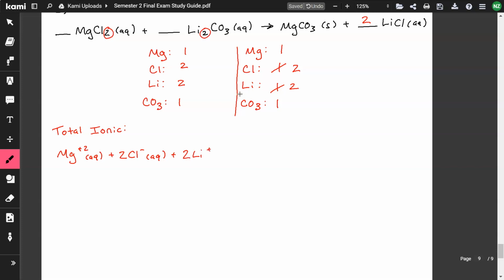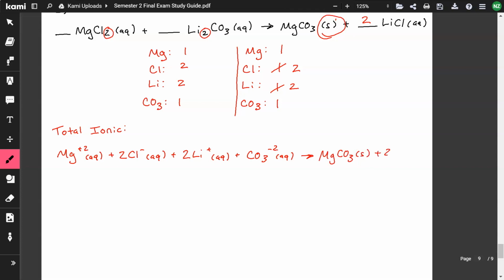Lithium is plus 1. And then CO3, that's a minus 2 aqueous. Not going to make the same mistake twice. We got a solid here, so I'm going to leave that alone.